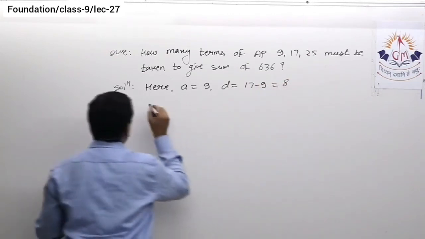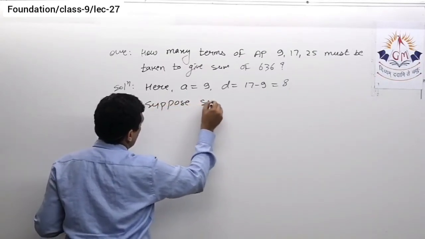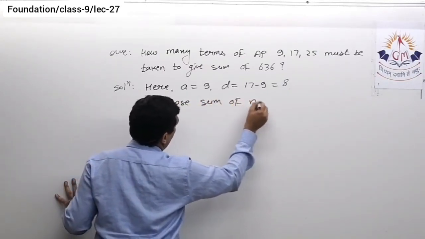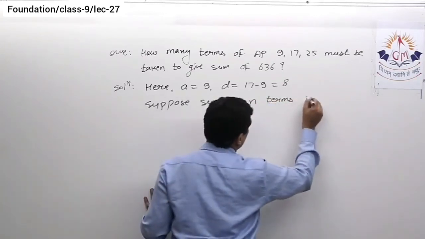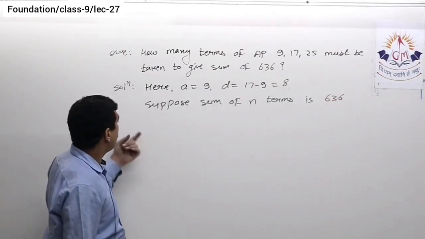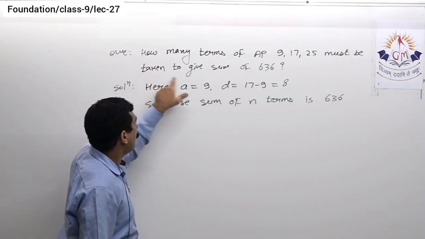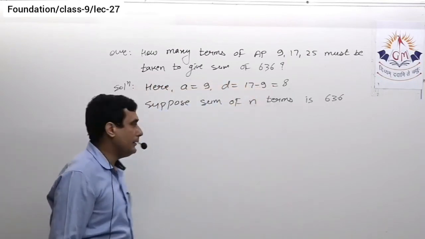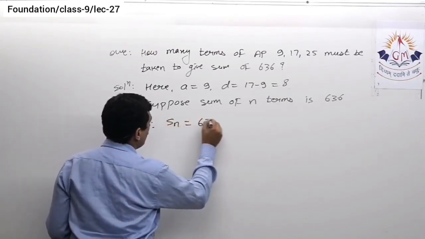Suppose n terms must be taken to give sum 636, therefore Sn is equal to 636.